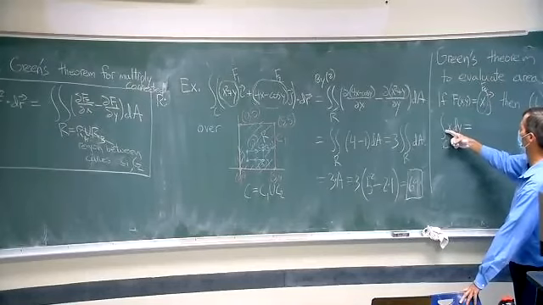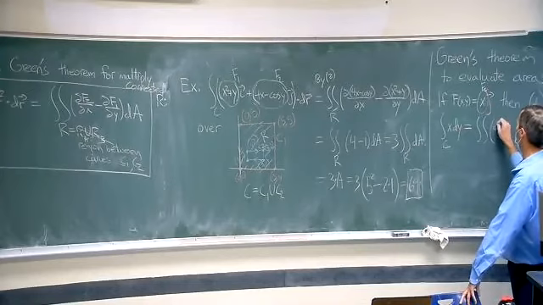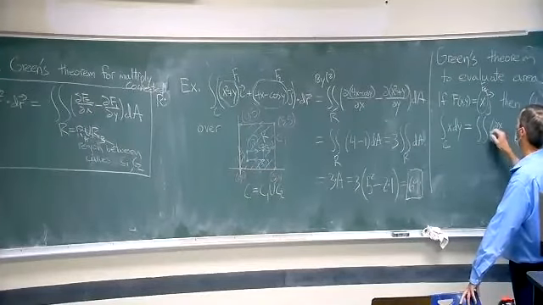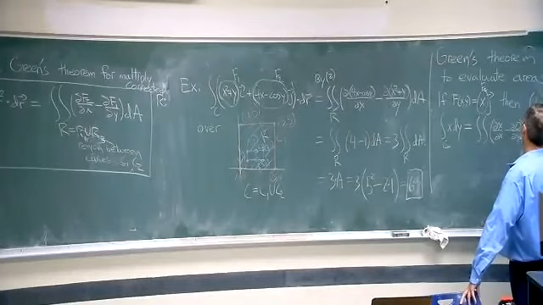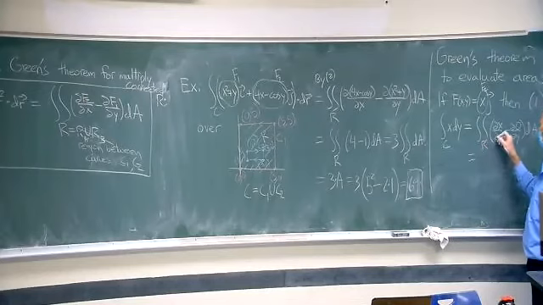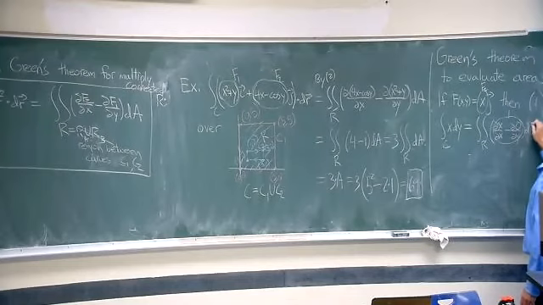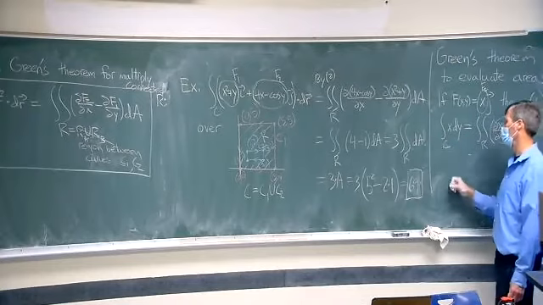So it's 0 dx plus x dy equals the double integral of the partial of F2 with respect to x, which is 1, minus the partial of F1 with respect to y, which is 0, dA over the region enclosed. It becomes the double integral of 1 dA, which is actually equal to the area. What I just showed is that you can evaluate the area of an enclosed region by integrating the line integral x dy along the boundary. How about that? So the area can be evaluated by the line integral going along the edge.